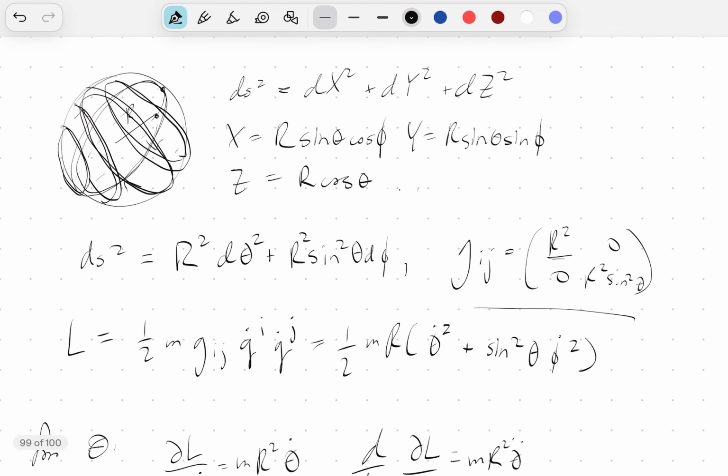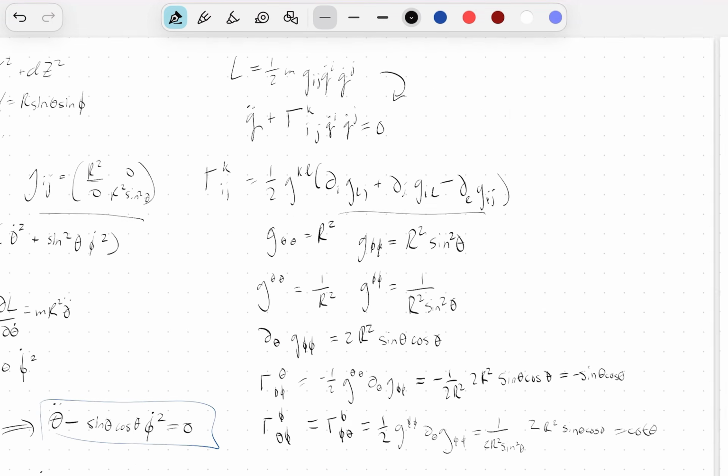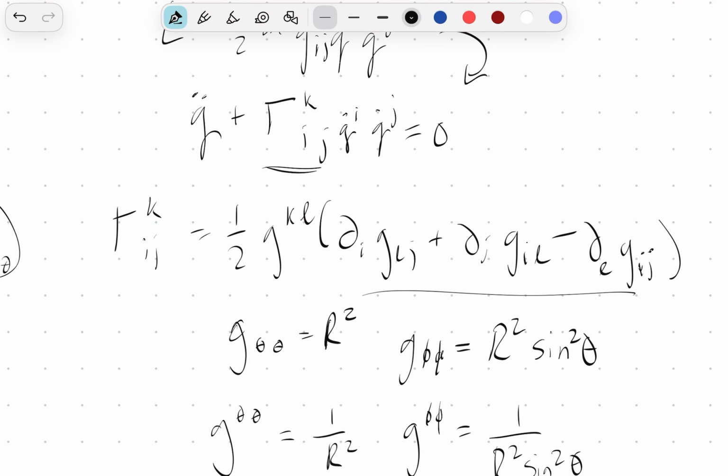Okay, they rotate as a particle moves. So the Christoffel symbols here encode exactly that rotation.